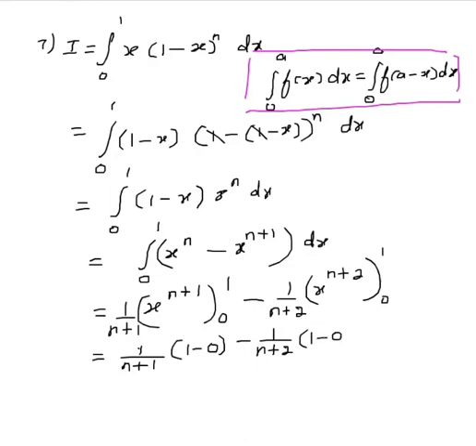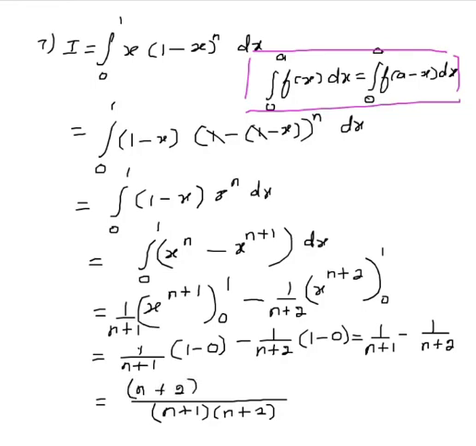Similarly, here also we get 1 minus 0. Therefore, we get 1 divided by n plus 1 minus 1 divided by n plus 2. Let us take LCM. N plus 1 times n plus 2 is the LCM. We get n plus 2 minus of n plus 1. The answer is 1 divided by n plus 1 times n plus 2.